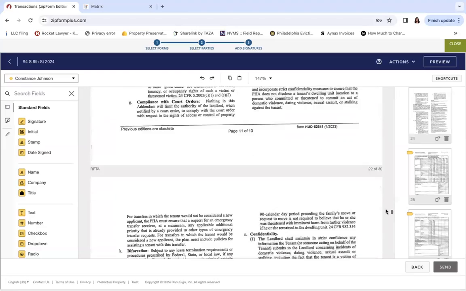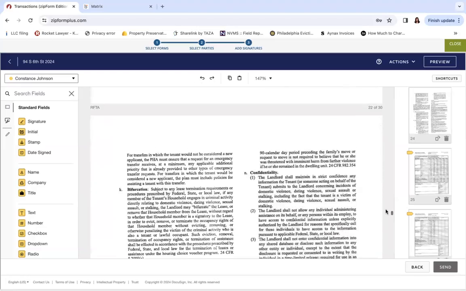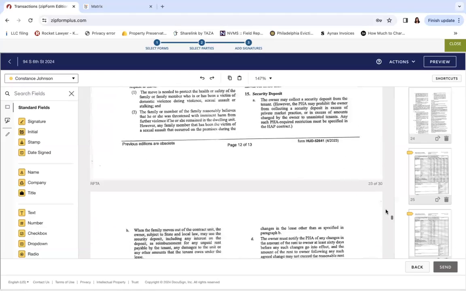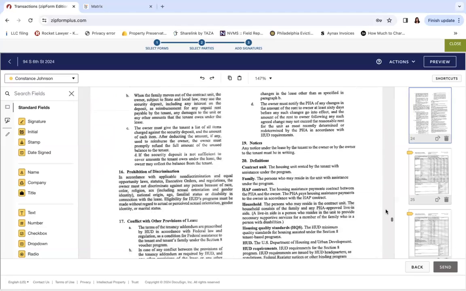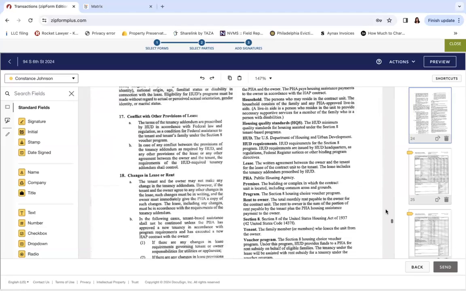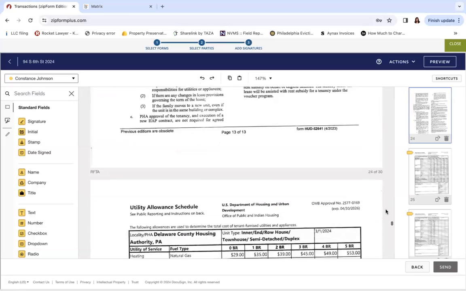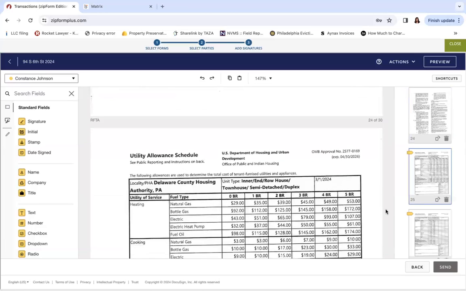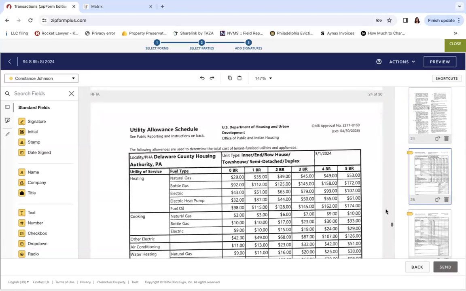I will attach a copy of the RFTA in the comments, or a link to it, so that you can go to it if you want to just read it, or get in front of having to read it before you have to fill it out, just in case you think you are wanting to rent to Section 8.